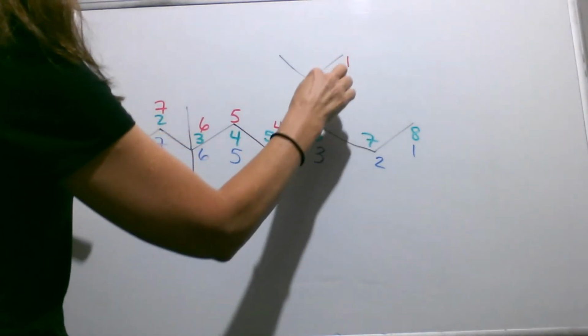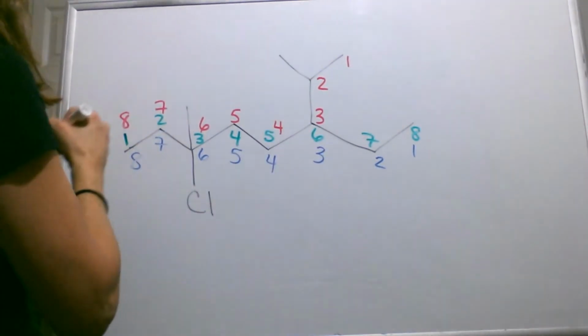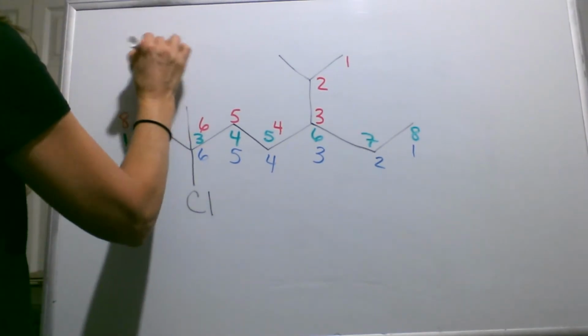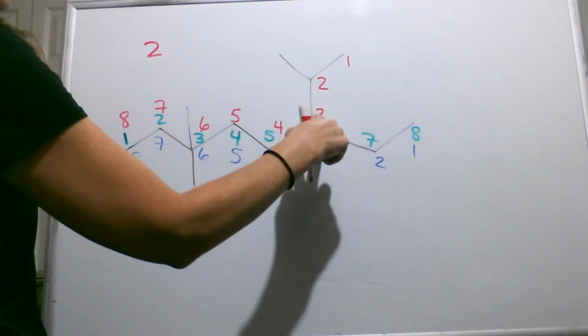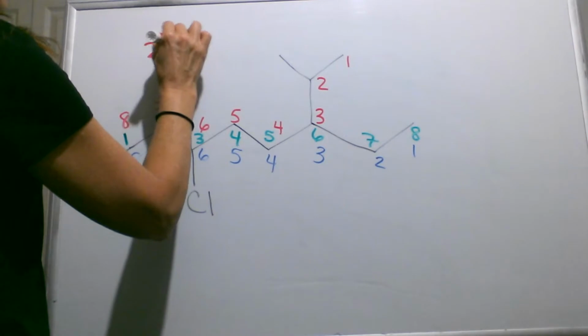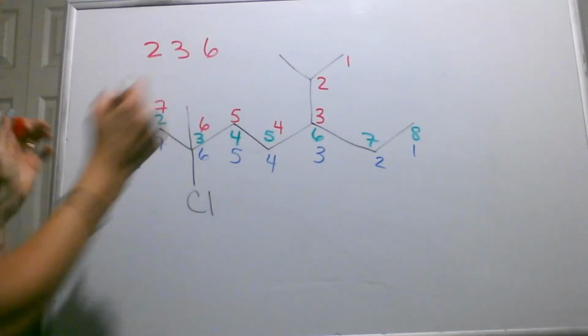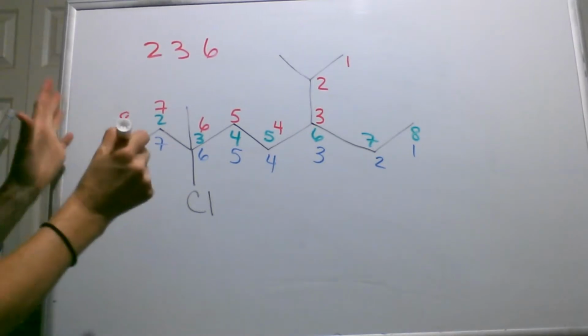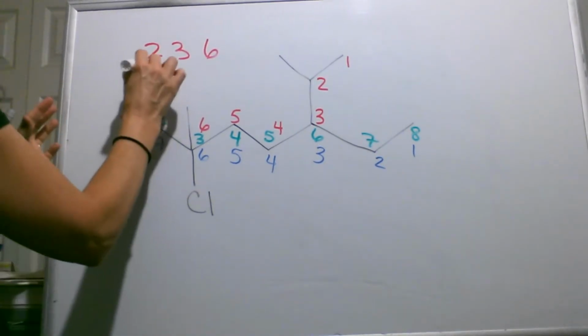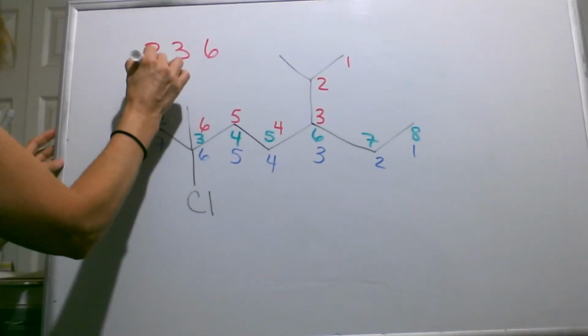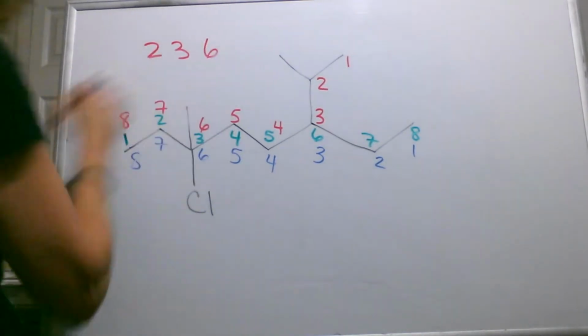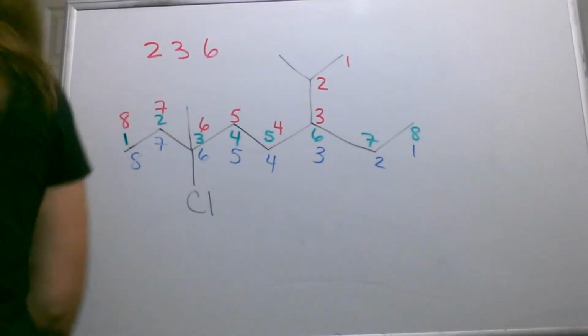In this case, we actually have a substituent on 2. We have 1 on 2, 1 on 3, and 1 on 6. So for this numbering, not only do we have substituents on lower carbon numbers because they start at carbon 2, we actually have substituents on 3 carbons.